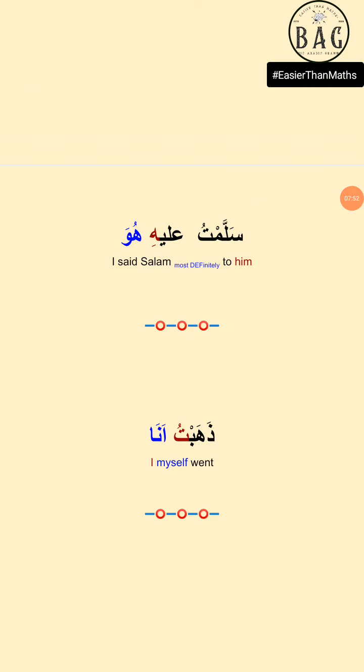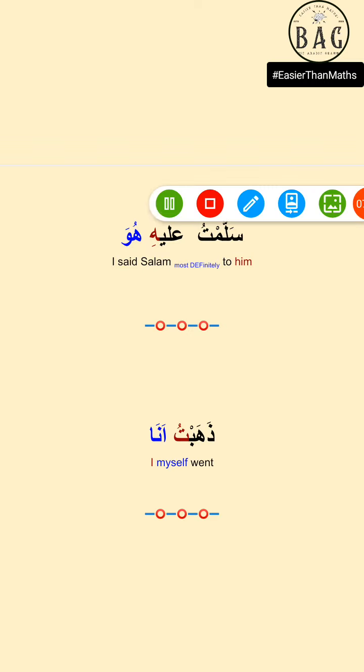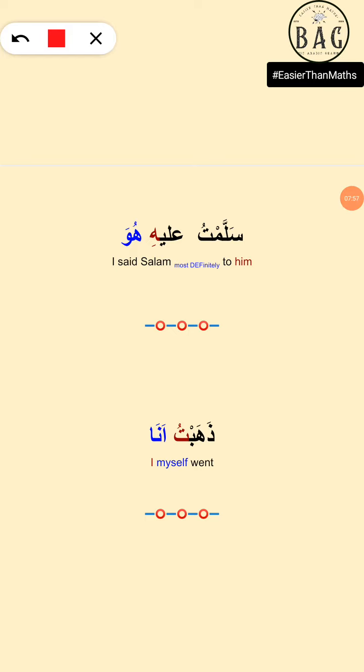Okay, sallamtu means I said salam alayhi, to him, and this huwa is actually emphasizing this jar pronoun over here, he. Okay, so sallamtu alayhi huwa, I said salam most definitely to him. So this huwa is the emphasizer of this he. Okay, so that's the thing that you're going to understand, that I said salam most definitely to him.